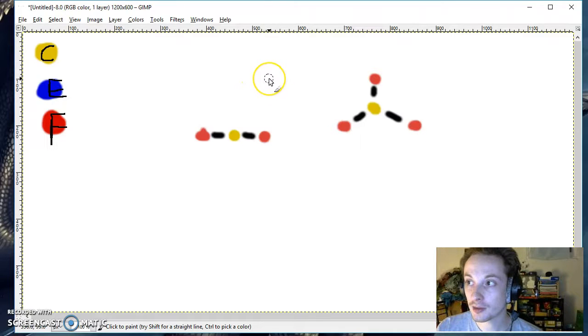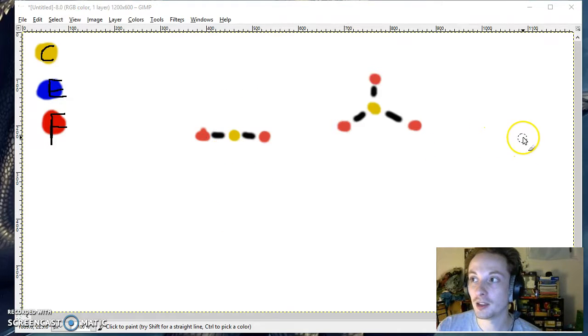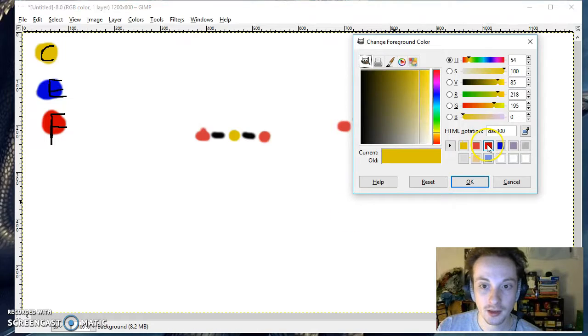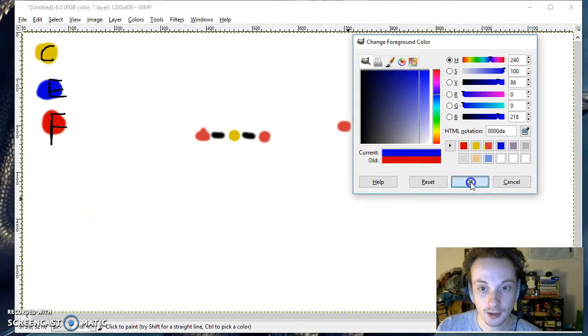We got one more first. Okay. So then the next one is bent, which is what you see in water molecules. So this looks like this one right here.